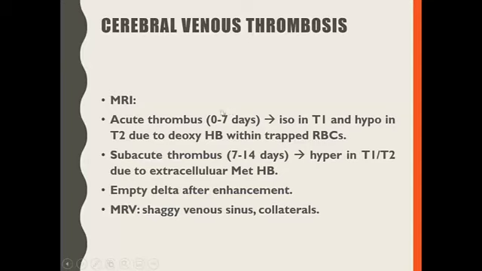So we have another idea of the timing of this thrombus. Also, if we give contrast, we will get the empty delta sign after contrast enhancement. And MR venography, which is done without contrast injection, can show a shaggy venous sinus or even absent flow.